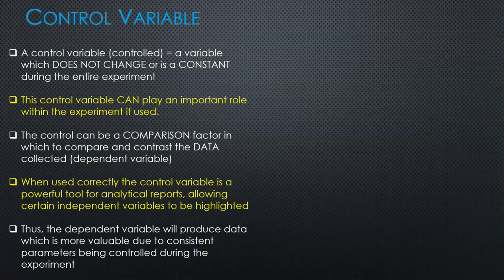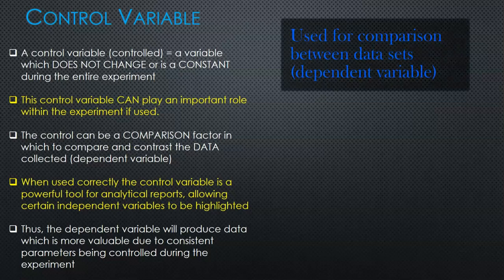A control or controlled variable is something that stays the same, is consistent, a factor or component of the experiment that you intentionally keep the same to use as a form of comparison. So one test would have no control and just various independent variables we can change. But the dependent variable between both tests, you can compare with the control variable, to see which one is different and how much.